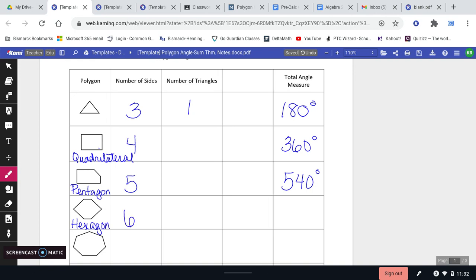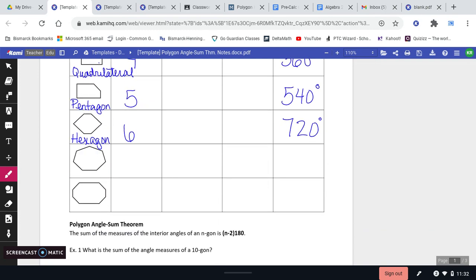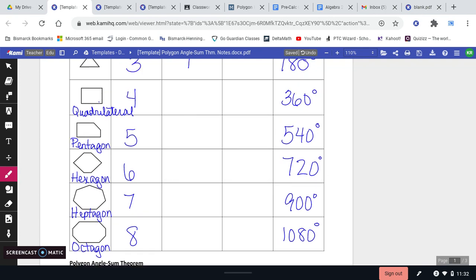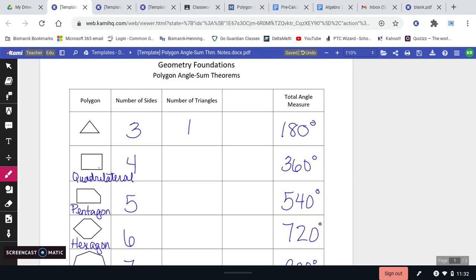So 6 sides, and that is 720 degrees. 7 sides is a heptagon, and that will be 900 degrees. 8 sides, octagon, and 1080 degrees.